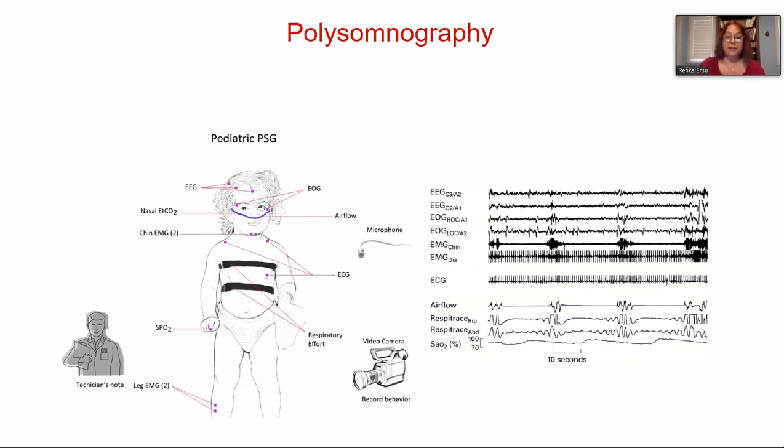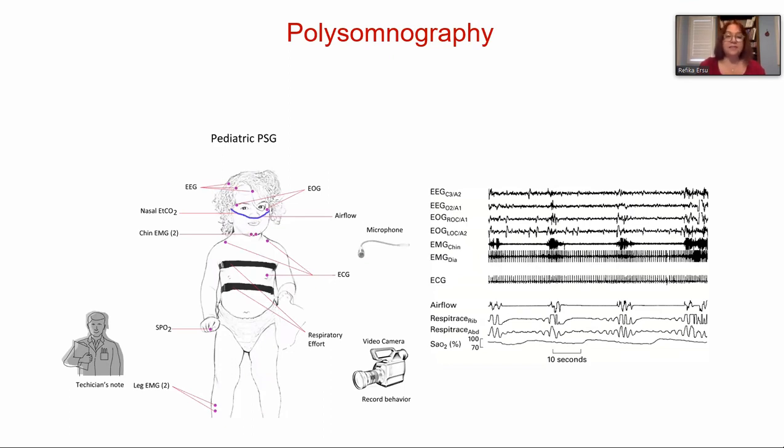Two advantages of the in-laboratory overnight polysomnography are, first, that there is a video camera recording. So if you lose a channel or if you want to see how the child is breathing, you can always look at the video recording. And you also have a sleep technician, sleep respiratory therapist, or a nurse who is following the child to make necessary adjustments.